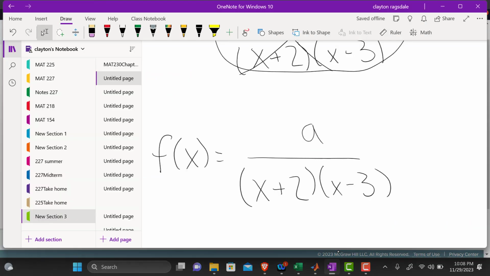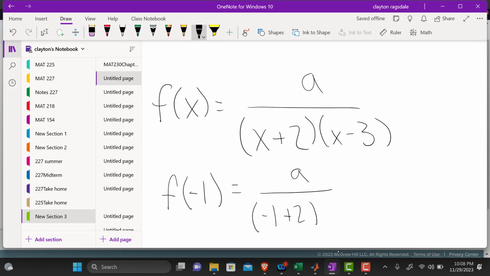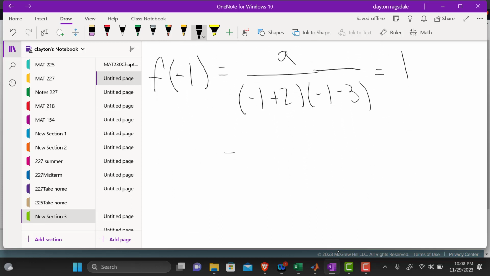Let's use that information. If I plug in -1 for my x value, which means I plug it in everywhere, then I should get a +1 coming out. So if I solve this, I get a over -1 plus 2, which is +1, times -1 minus 3, which is -4.